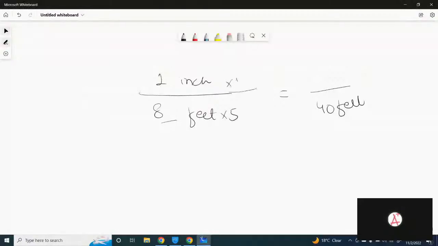So you have to multiply numerator and denominator by 5. So 5 times 1 is 5. That means if it is 40 feet originally, then it is scaled to 5 inches. Got it? So the correct option is 5.